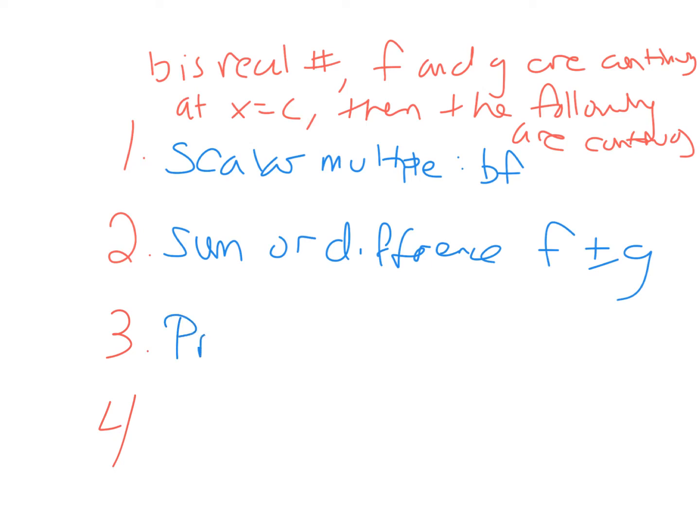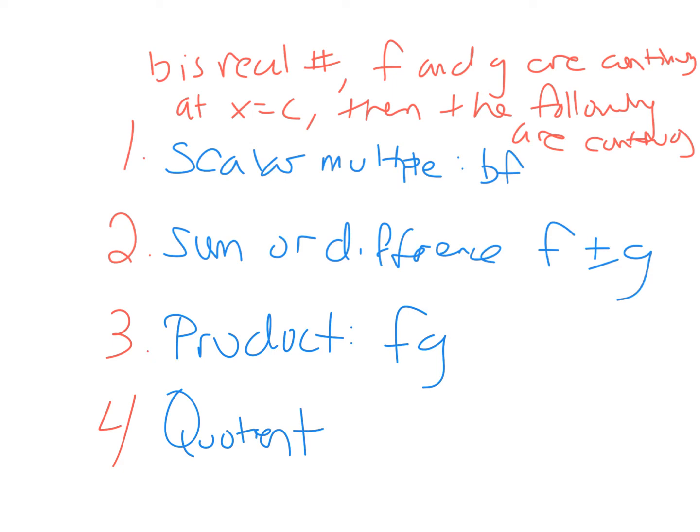Product: you multiply two continuous functions, and it'll still be continuous. Or the quotient, which is simply two functions divided by each other, as long as the denominator is not equal to 0. As long as that doesn't happen, you're still good.